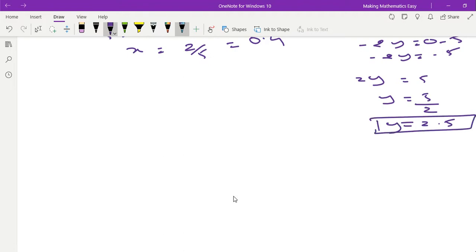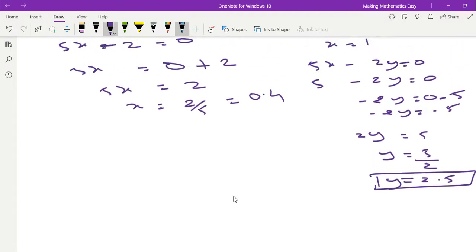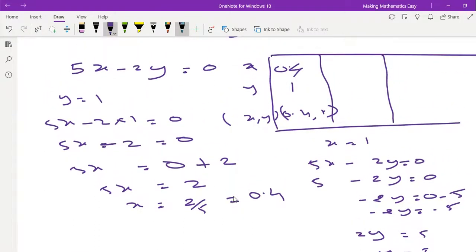So 2.5 you should be able to plot easily. 1 and 2.5, 1 comma 2.5.